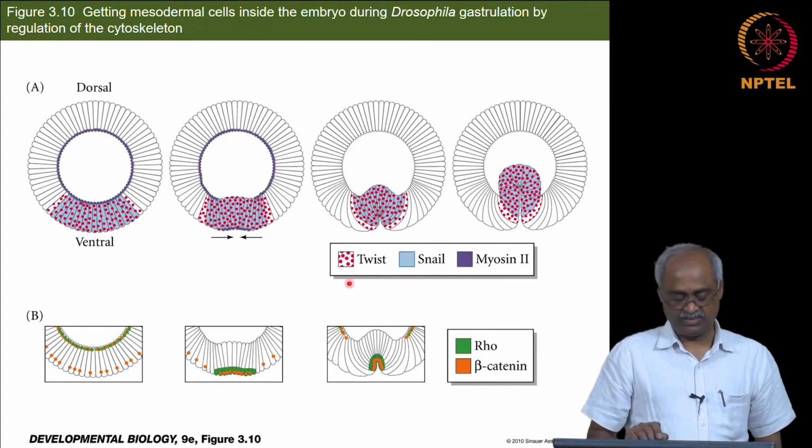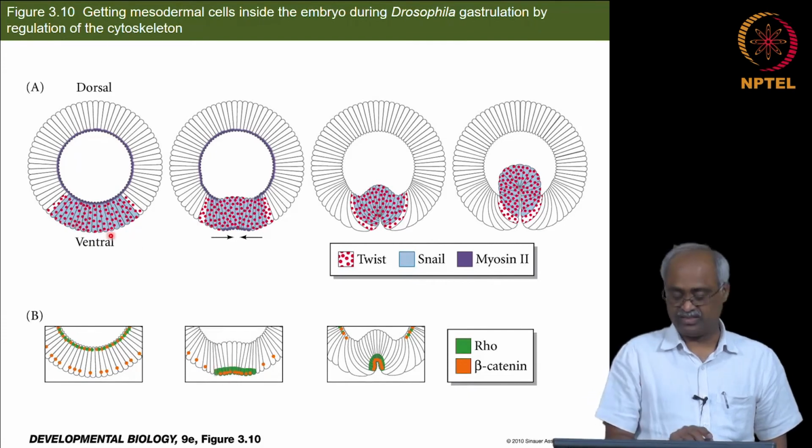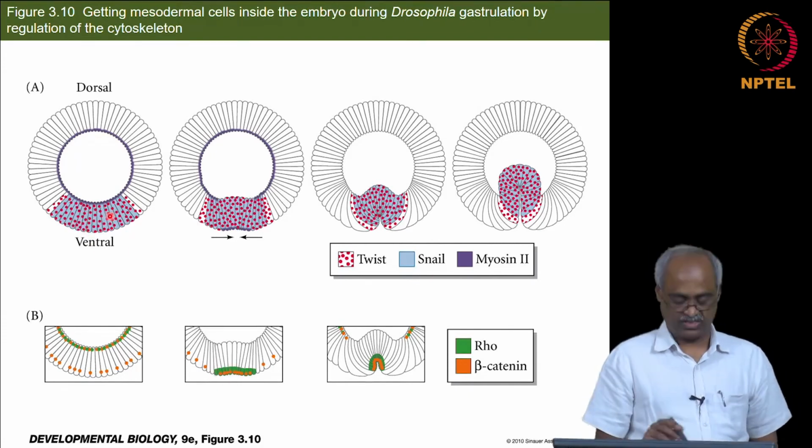And with twist and snail expression, they now act in the ventral cells only, where these two transcription factors are expressed.